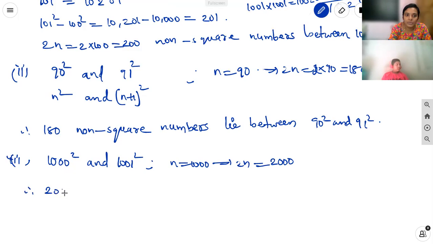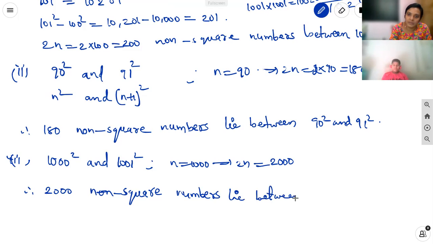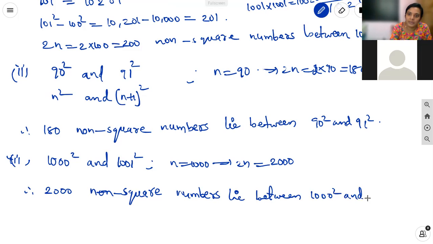Therefore, 2000 non-square numbers. Non-square numbers and natural numbers, both are the same only. Non-square numbers lie between 1000 square and 1001 square.